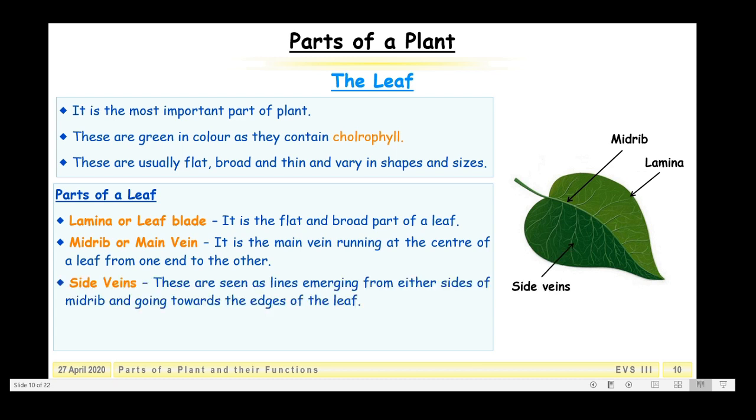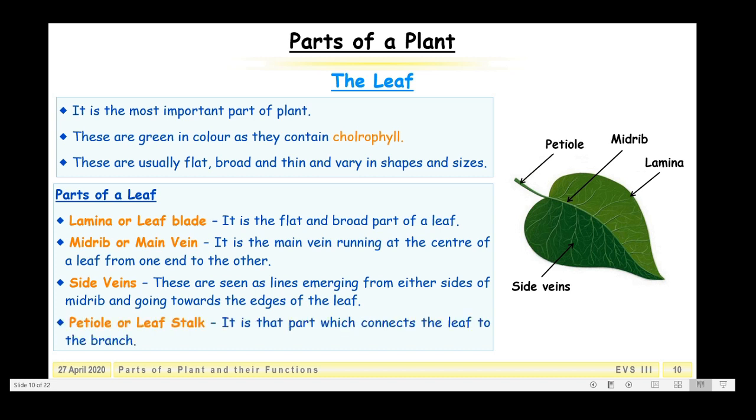And then we have some side veins also. These are seen as lines emerging from either side of the midrib and going towards the edges of the leaf. So here you can see these lines. These are very fine tubes, no? These are tube-like structures and they go till the edge of the leaf and form a network-like structure on the leaf, and again help in transportation of water and minerals.